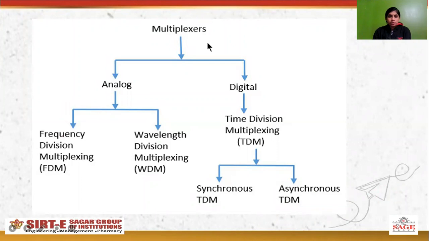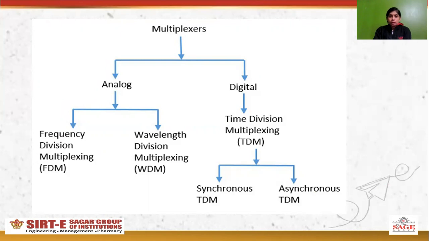This is the classification of multiplexing techniques. Basically, there are two types of signals, analog signal and digital signal. On the basis of these signals, multiplexing techniques are divided into three categories: frequency division multiplexing, wavelength division multiplexing, and time division multiplexing. Analog signals, as we know, are continuous signals, and digital signals are discrete signals.